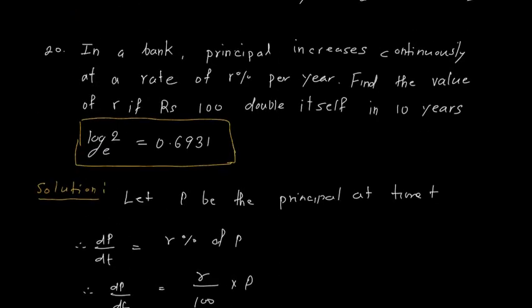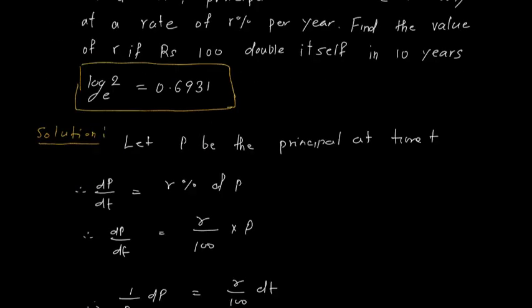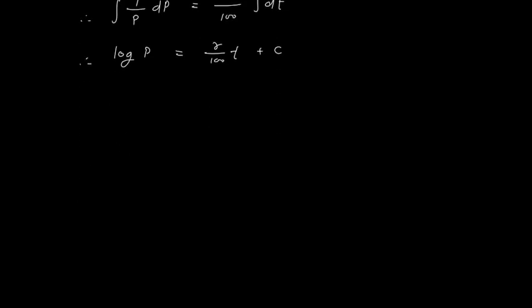Now they have given some information that rupees 100 doubles itself in 10 years. So if 100 is the initial amount, when t is 0, P is 100. Therefore log 100 will become R upon 100 into t plus some constant.